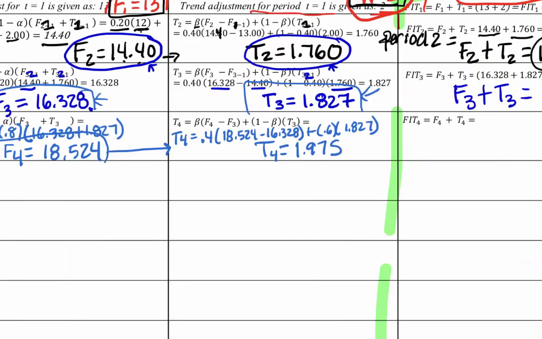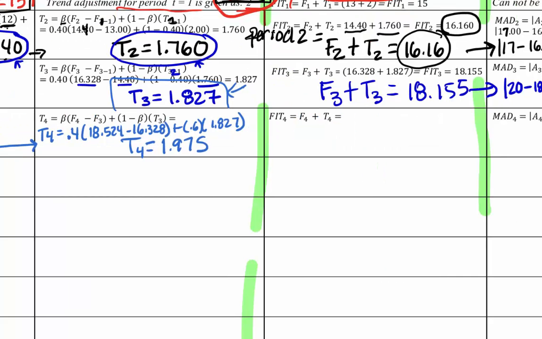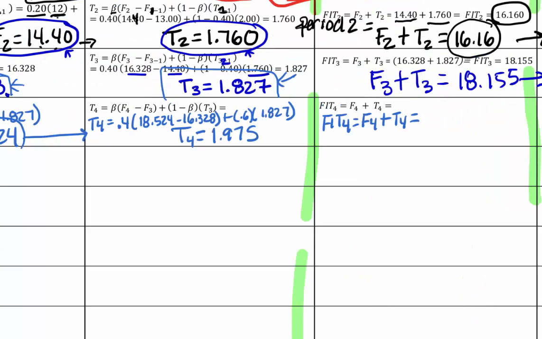Then we go right over here and calculate our FIT, which is, you know, what we're after all, right? So FIT of 4 will equal our F of 4 plus T of 4, which is 18.524 plus 1.975, which will equal 20.499.